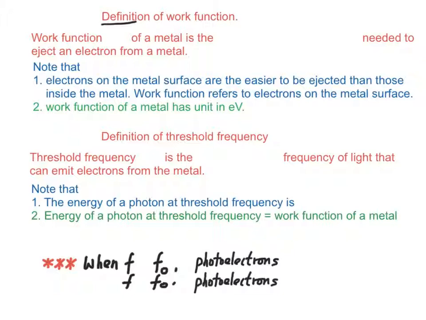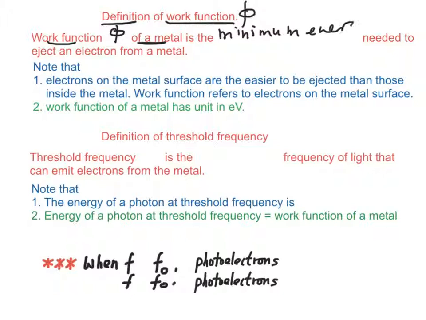The definition of the work function of a metal, phi. The work function phi of a metal is defined as the minimum energy needed to eject an electron from a metal.